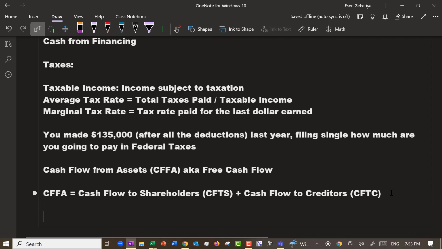An alternative definition or identity looks at where those cash come from. The operating cash flow, let me define cash flow to shareholders.